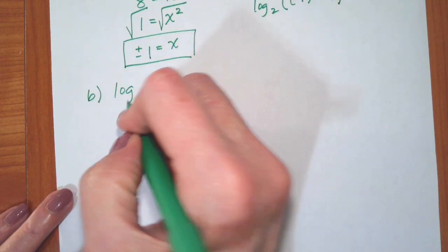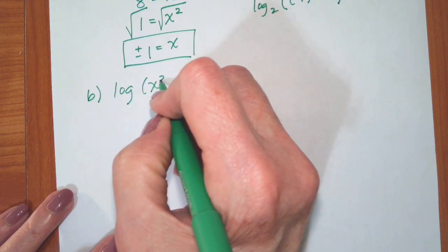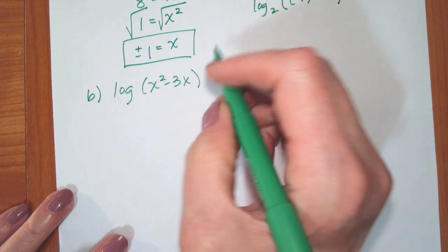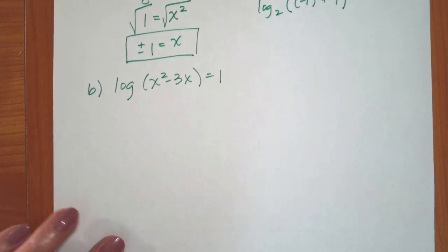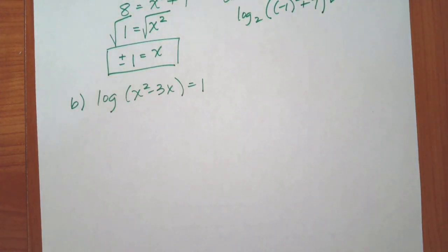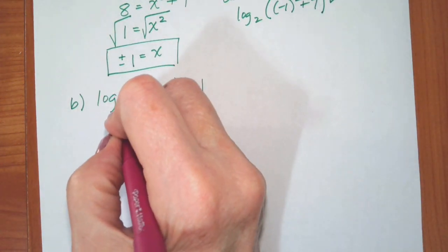So here on B I have the log of x squared minus 3x is equal to 1. Okay, I have to remember that if it's not explicitly written, here the base is 10.